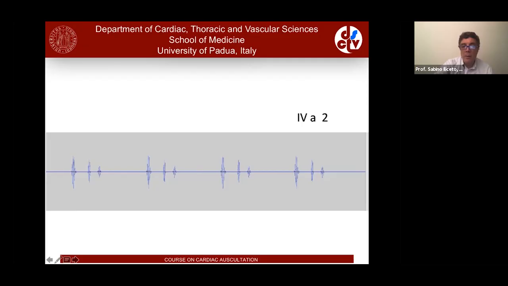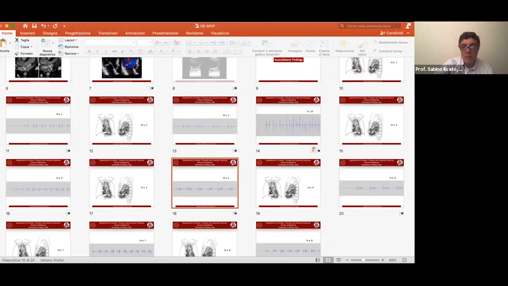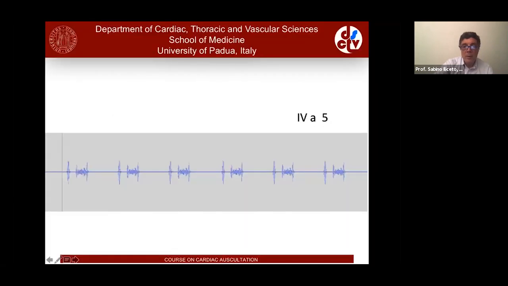Okay, let me try this example. Let me know, and then we start again. I'm sharing with you another case, just to be sure that it is something related to the file. If I show you this, what happens?